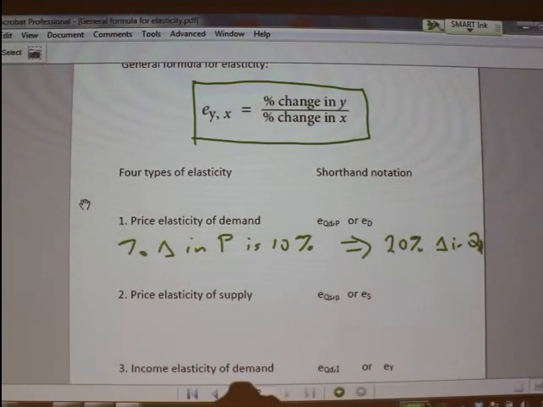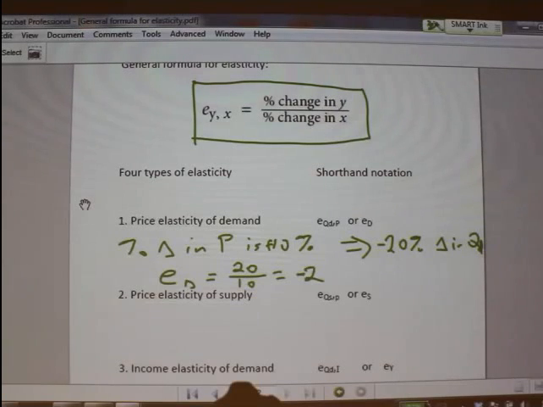So therefore, what's the price elasticity of demand? It's 20 over 10 equals 2. It turns out this would be negative 20, wouldn't it? If the price goes up, quantity demanded would fall. So we should say negative 2.